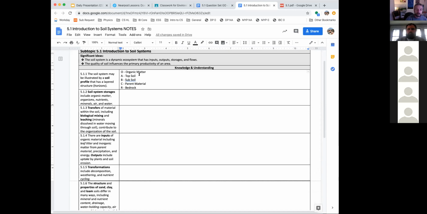In addition to the transformations that we've just been talking about, decomposition, weathering, there's also the broader point of nutrient cycling, which means that those nutrients are brought up through the roots into the organic matter.